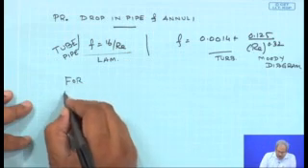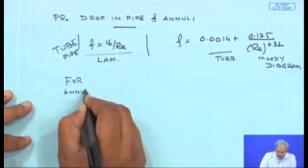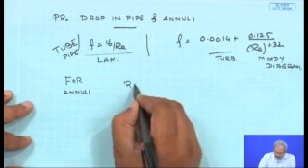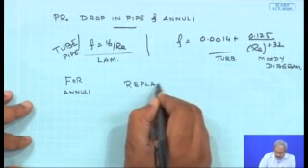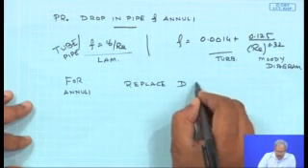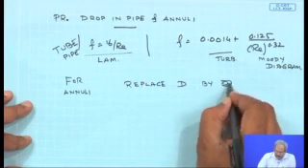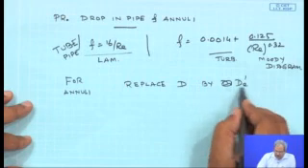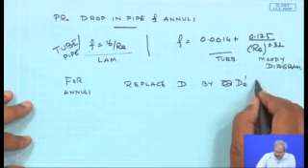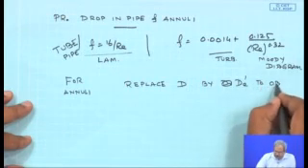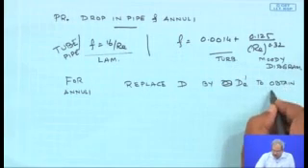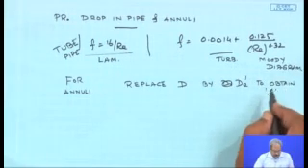For annuli, replace D by D_e prime, that is the effective diameter, to obtain the friction factor f.